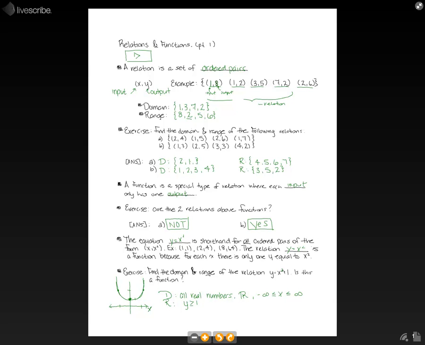And then lastly, we're asked to decide if this is a function. If we have an input of 1, it always equals 2. It'll never equal anything else, even though there are two places where the function equals 2. The inputs themselves are unique, so this is a function.